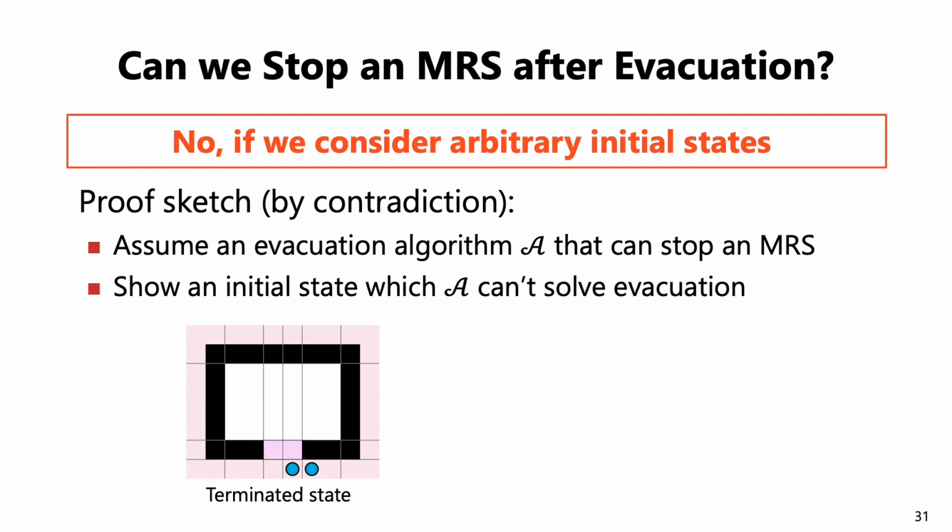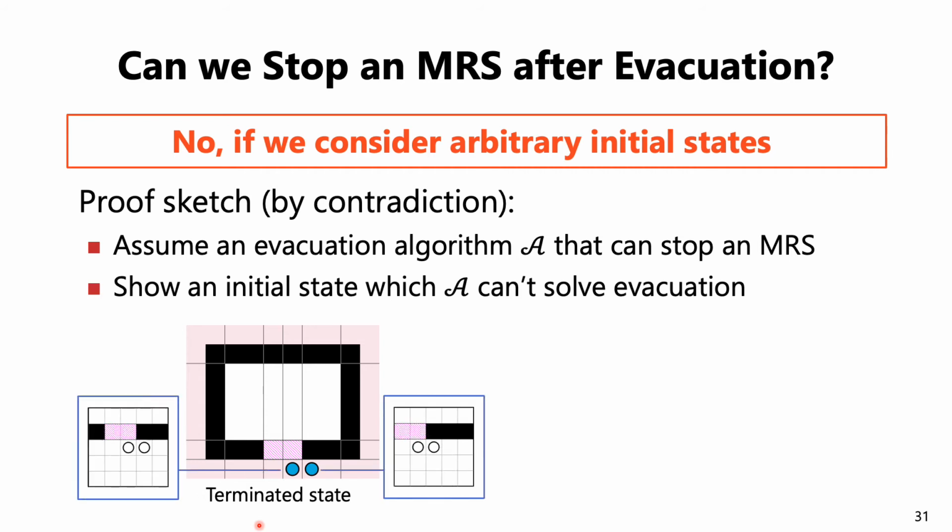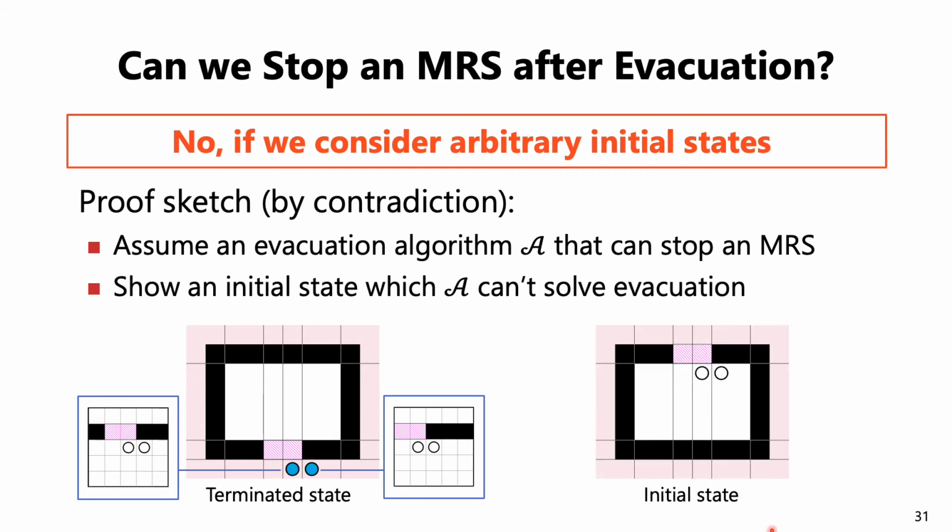First, let's assume this is a terminated state by algorithm A from some initial state. And these are the views for each module. This is a terminated state, so each module decides to stay in the current cell from these views. Then, let's consider the initial state.